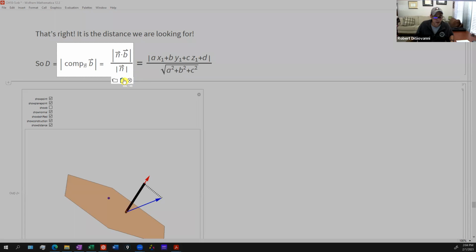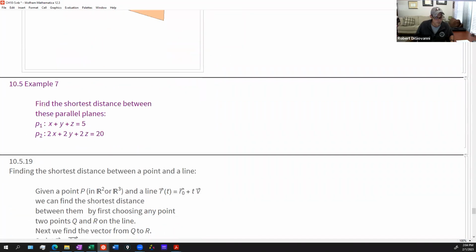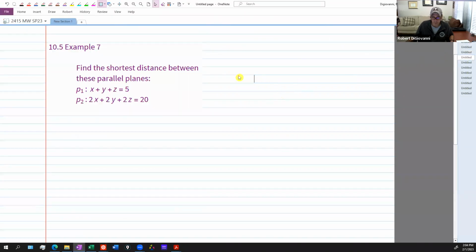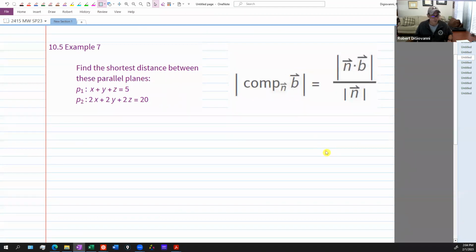I'm going to copy it, and we're going to do an example. So what I just gave you was a formula to find the shortest distance between a point and a plane.